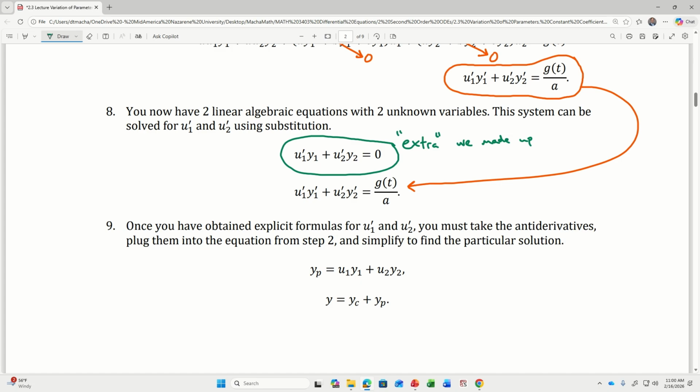Multiply those, that gives me a particular solution, and remember your general solution is going to be your complementary solution plus a particular solution. I've kind of been going back and forth between the notation, but this is the same thing as that capital Y we talked about earlier. Or in other words, capital Y plus C1 y1 plus C2 y2.